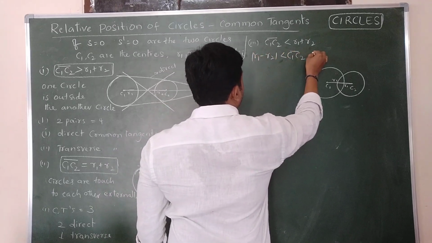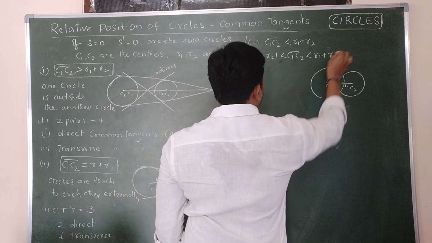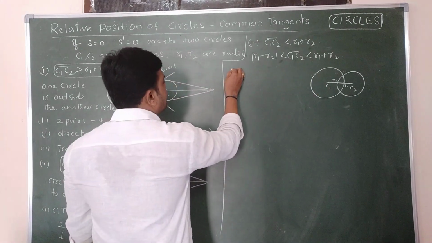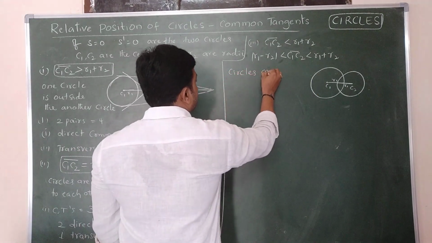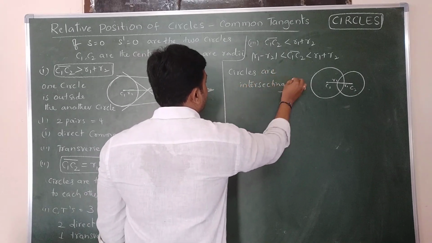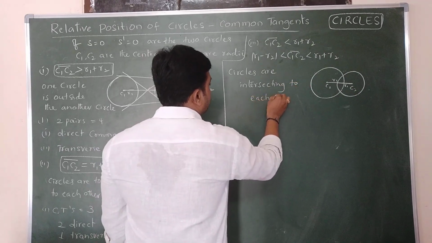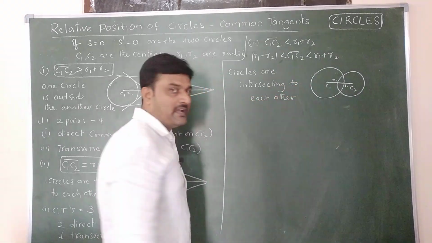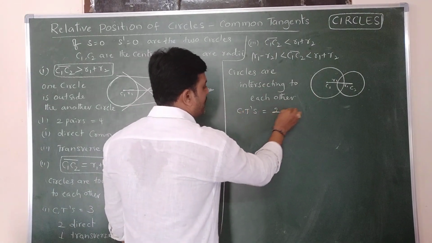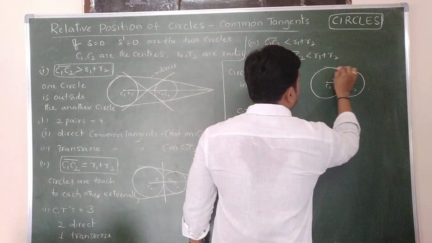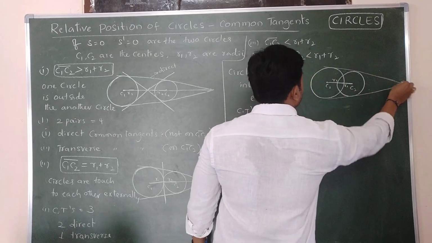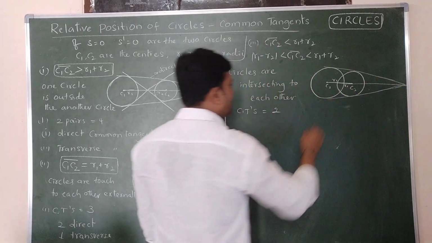Here the circles are intersecting each other, and the number of common tangents is 2 only: 2 direct common tangents.